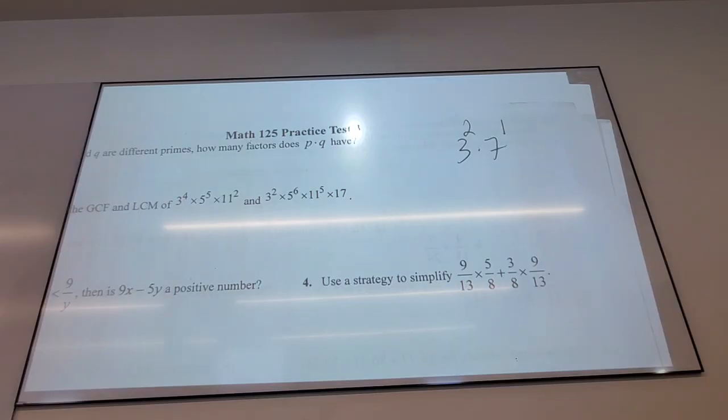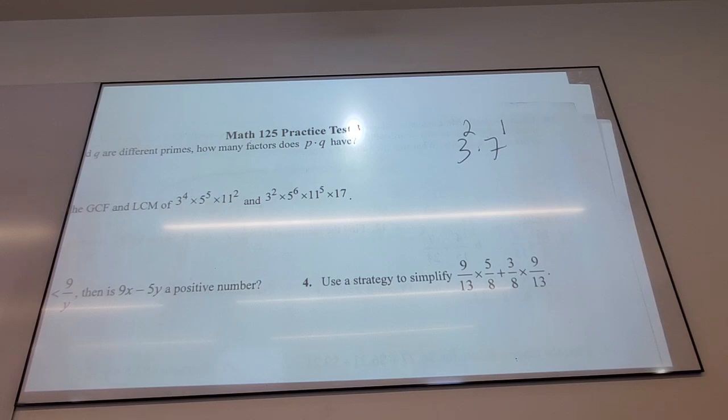Real quick, listen. Don't even multiply that number out. Can somebody tell me if 21 is a factor of it? Does 3 go into that number? Does 7 go into that number? Does 21 go into that number? Of course it does, because there's a 3 and a 7.